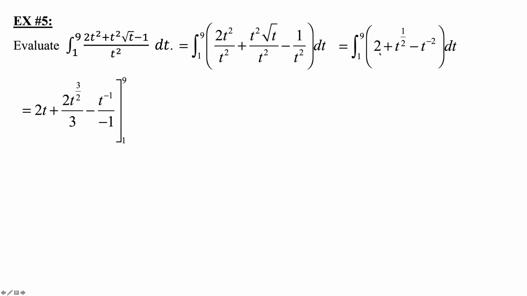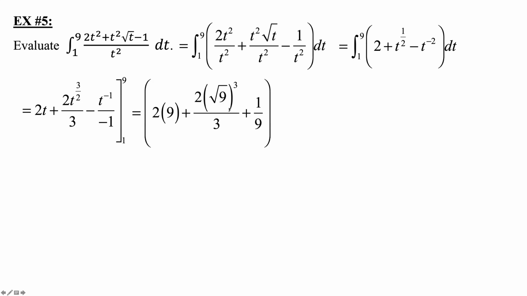Integrate that, we'll get 2t plus 1, that's 3/2, so 2/3 t to the 3/2. Plus 1's negative 1, so divide by negative 1, so minus this negative is going to cancel out to a plus. So when we evaluate and plug in the 9's, we might want to change that to a plus.